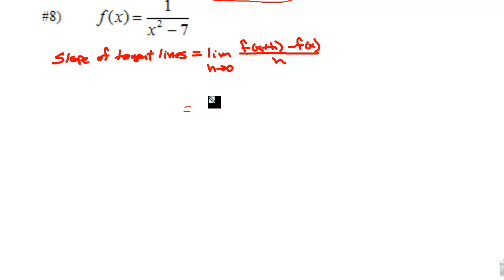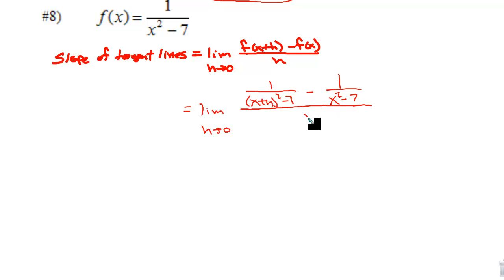Number 8. We're going to have the limit as h approaches 0 of 1 over x plus h quantity squared minus 7, minus 1 over x squared minus 7, all divided by h.